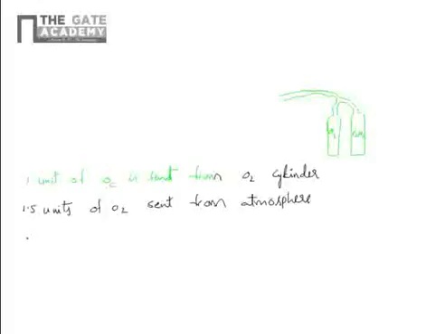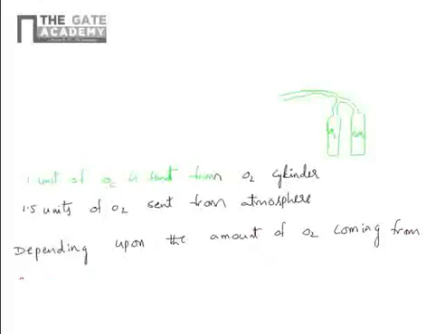So depending upon the amount of oxygen coming from the oxygen cylinder, there are three types of flames.